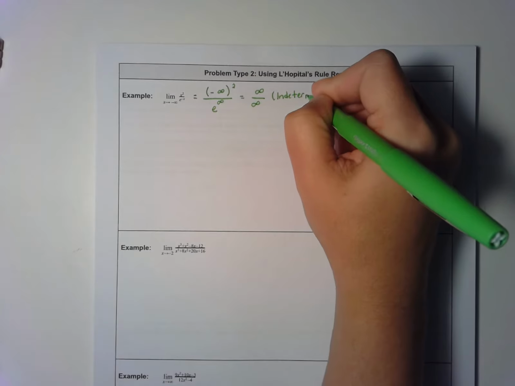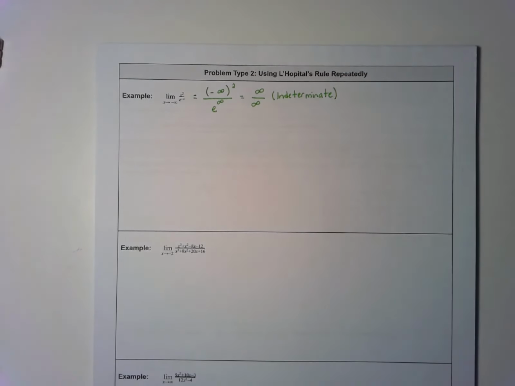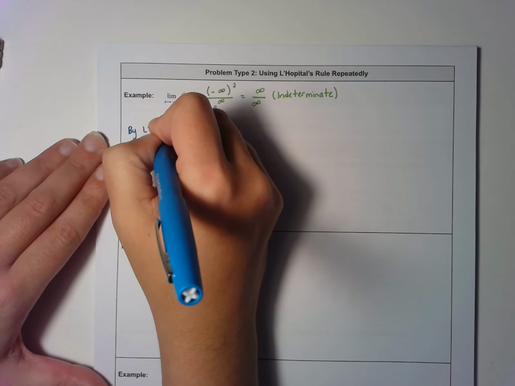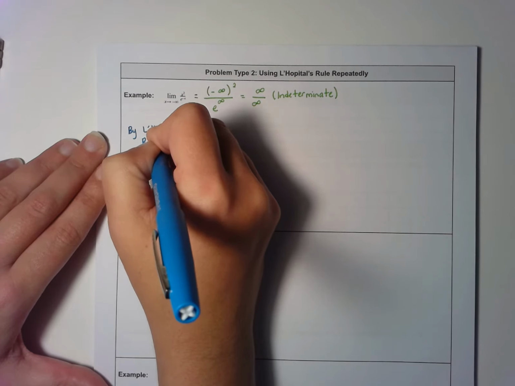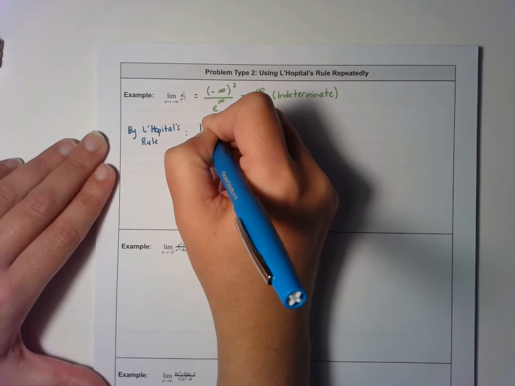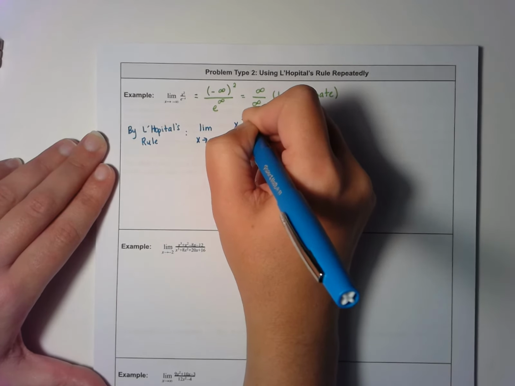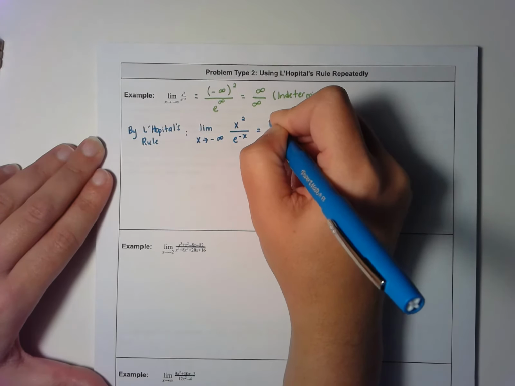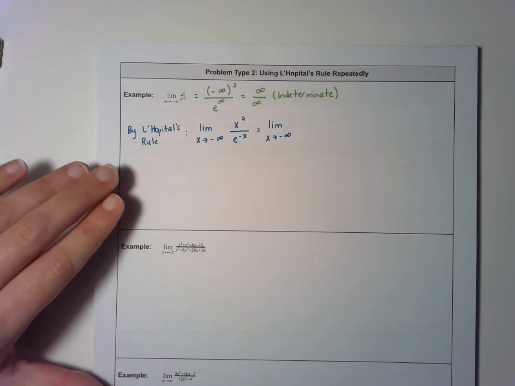Just like before, we need to establish that we have an indeterminate limit before we can apply L'Hopital's rule. Then we would say, by L'Hopital's rule, the original limit as x approaches negative infinity of x squared over e to the negative x must be equal to the limit of the derivatives as x approaches negative infinity.